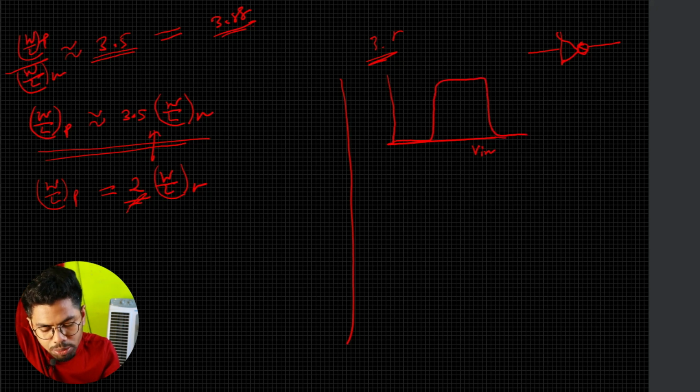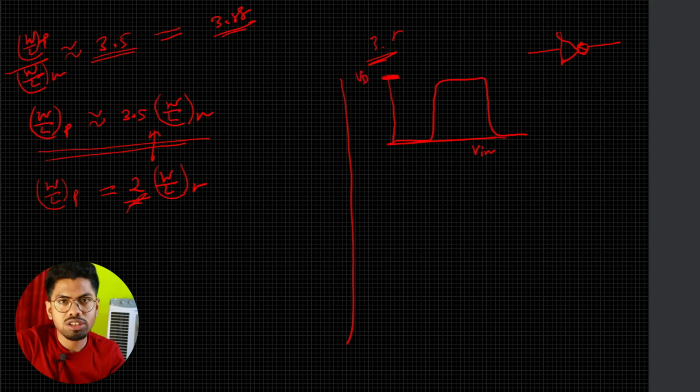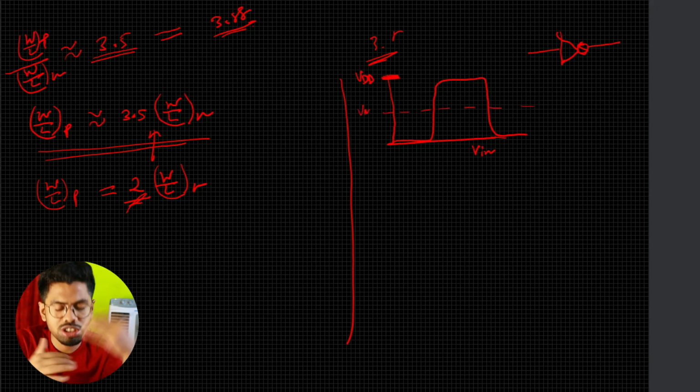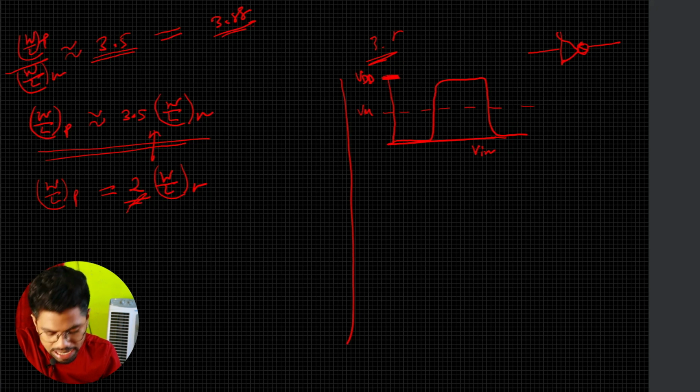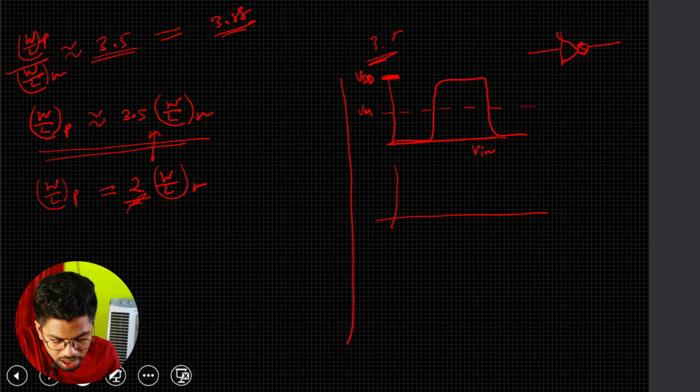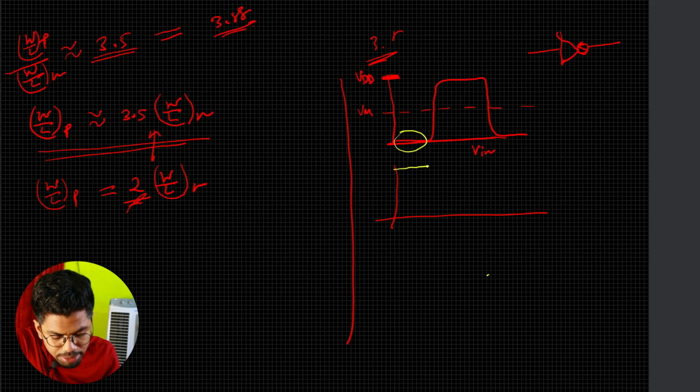And this is your maximum possible voltage, the high voltage VDD, and probably this is your VM, the halfway margin where your output should transition. So from this we can directly write that anytime my input is lower than VM, I'll be getting a high output, and anytime it crosses this point, my output will also cross and go low, and so on. So this is your output.